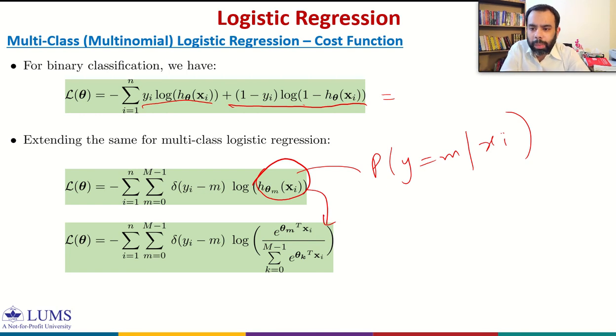We won't spend time on finding the gradient of this, but you should know that this loss function is a convex function of theta, and we can use gradient descent to find the d plus 1 times m number of parameters of the multi-class logistic regression model, right?